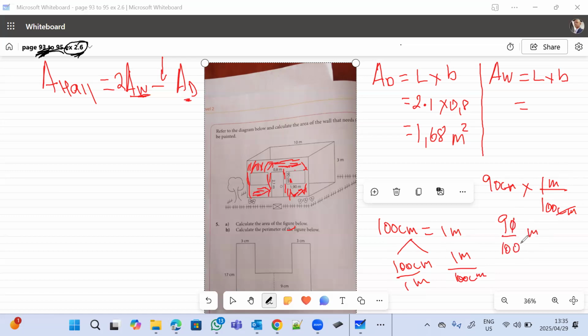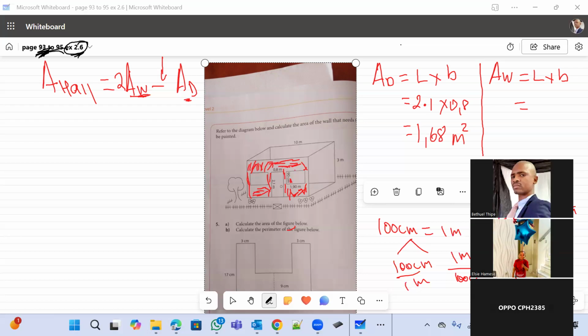The 0 cancels the 0. I'm left with 9 over 10 meters. So 9 over 10 is the same as what? 0.9 meter, 90 divided by 100.